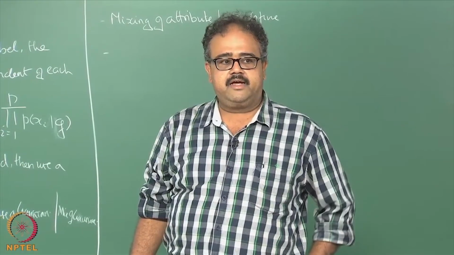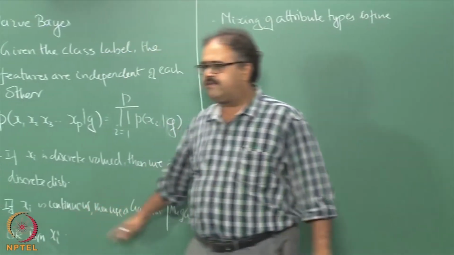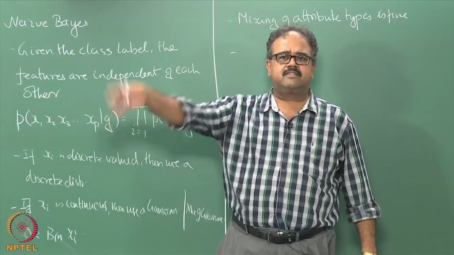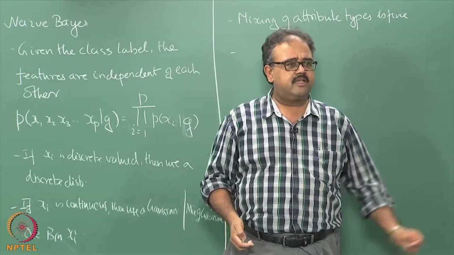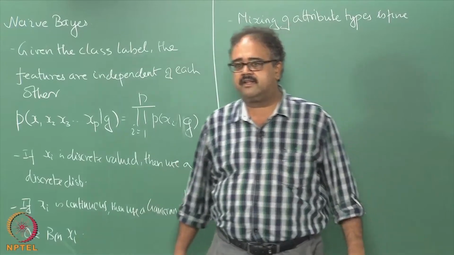If xi is continuous, we are all fine. We are anyway using a Gaussian, and the Gaussian has infinite support, so if something comes that you have never seen in the training data, you will always assign some probability to it. But what about discrete valued things?